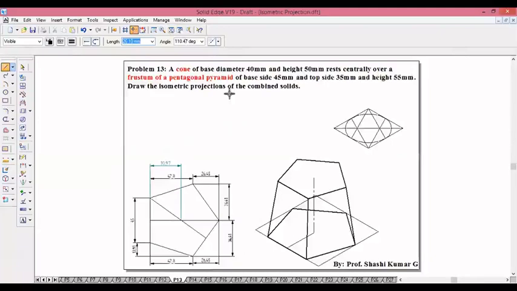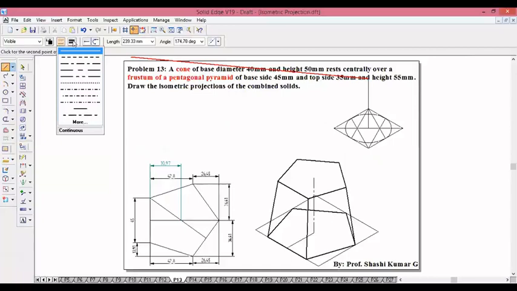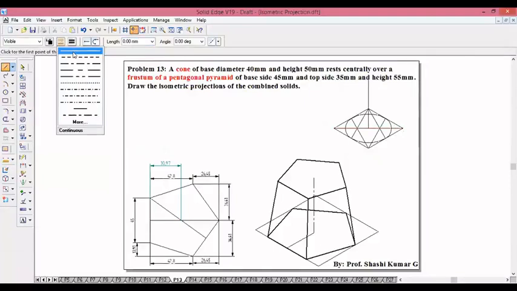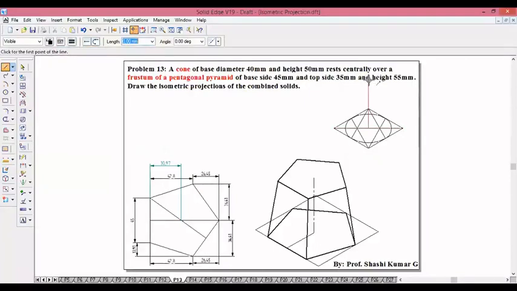From there you measure the height of the cone, 50 at 90 degrees. Join, with line type continuous, from the endpoint to the tangent to the ellipse.